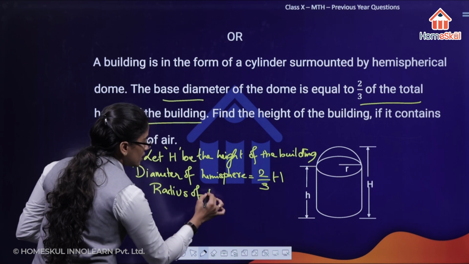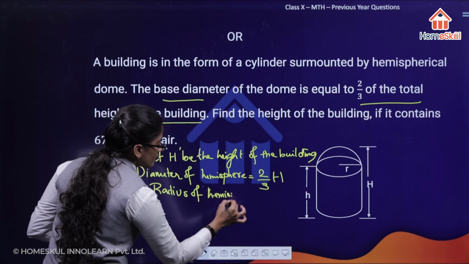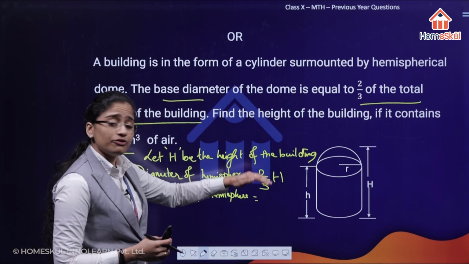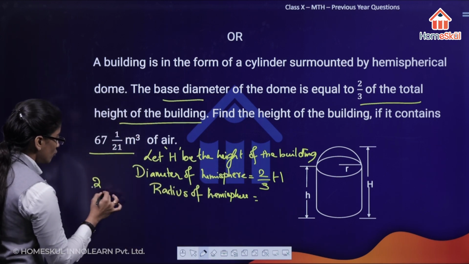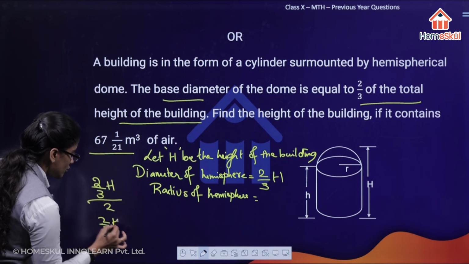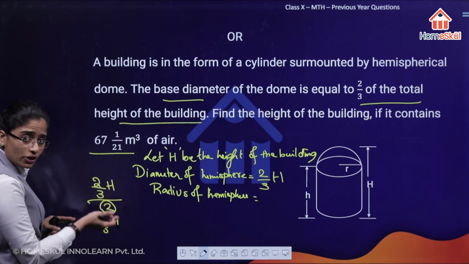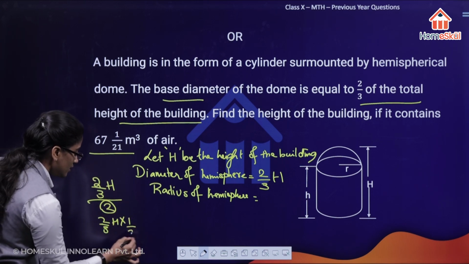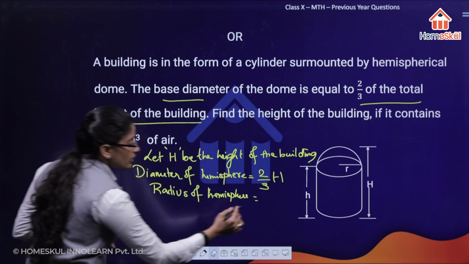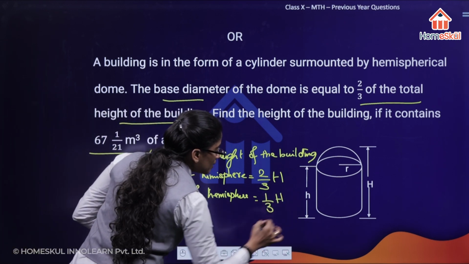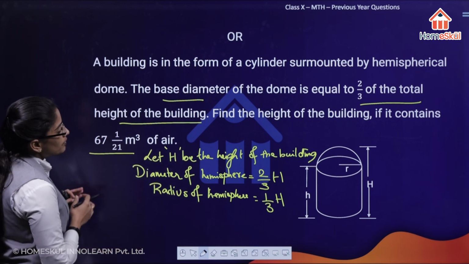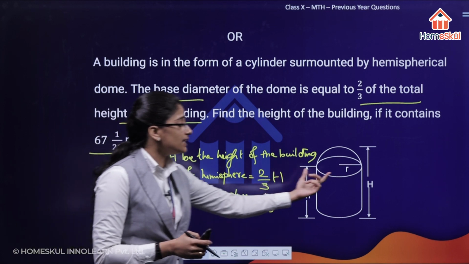Radius of the hemisphere will be half of the diameter, right? That means 2/3 H, and half of it means 2/3 H into taking the reciprocal of the denominator and multiplying, right? It will be 1/3 H, okay? So the radius of the hemisphere is equal to 1/3 of the height of the building, okay? Now, what is the radius of the cylinder part?